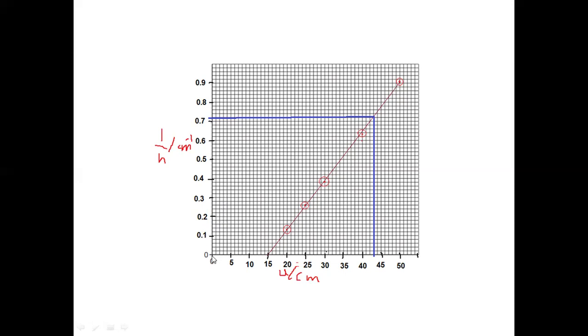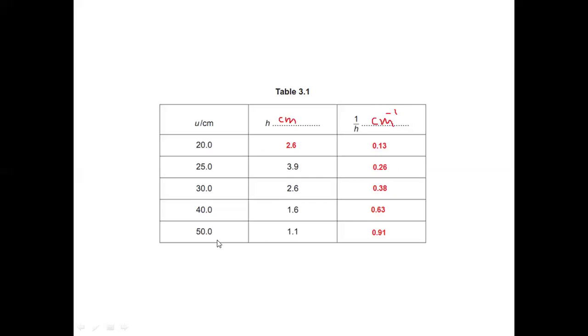Again, you have to take care to use 5 equal blocks for equal values. Here I have taken 5 small squares equal to 5 centimeter on the x-axis, and the highest reading was 50, as mentioned in the table, starting from 20.